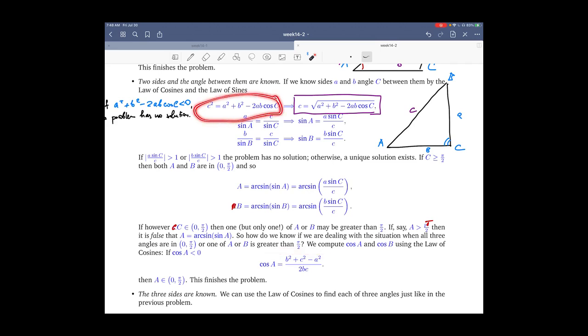If you take the law of cosines and write it in the form a squared equals b squared plus c squared minus 2bc cosine A, then from here, of course, cosine A will be b squared plus c squared minus a squared over 2bc.